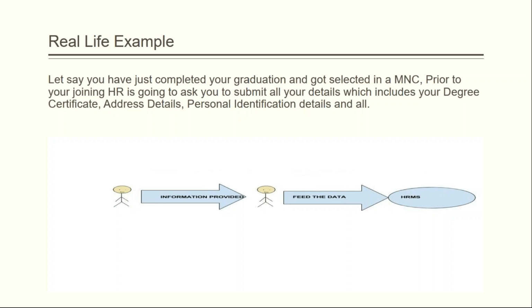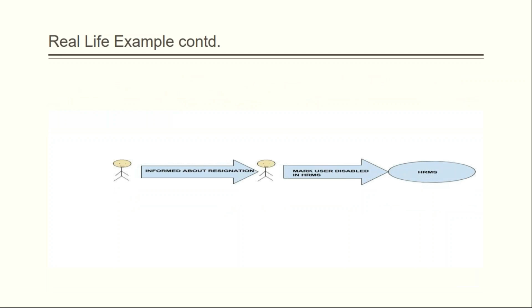Now let's say you have worked in the same organization for the next 5 years. Now it's time to move on to some other company. You have decided to resign. It's common with all of us that whenever we want to resign, we inform our HR.